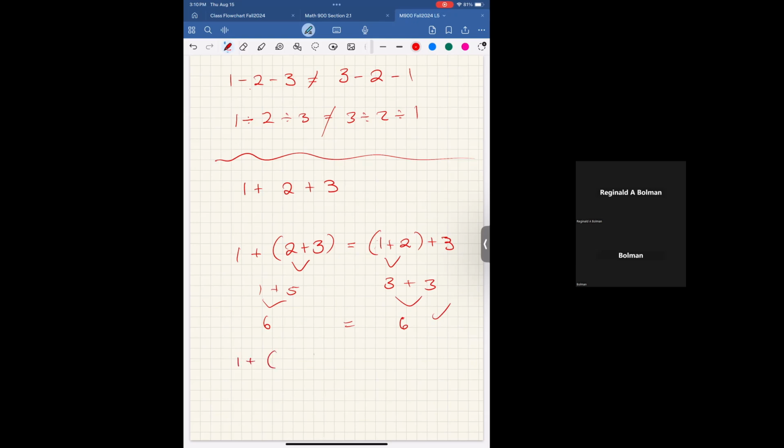Now, while we usually think of being able to perform these operations in any order using just certain symbols, such as the numeric symbols 1, 2, 3, so on and so forth, it's also easy to represent this using just graphical methods such as little hash marks. So if I represent the number 1 with 1 hash mark, and I represent 2 with 2 hash marks, and 3 with 3 hash marks, it turns out that this property of being able to add things in any order also is obeyed by the hash marks themselves.